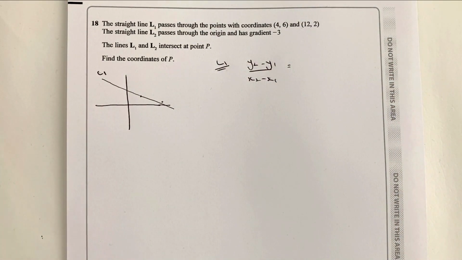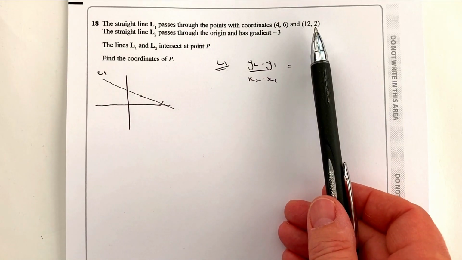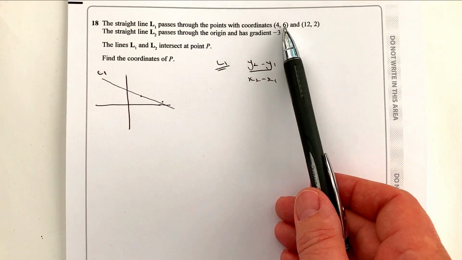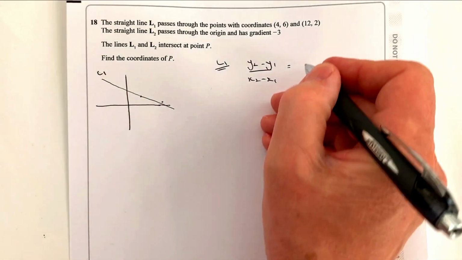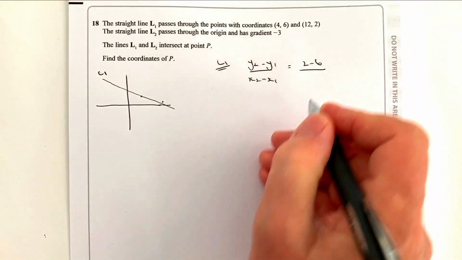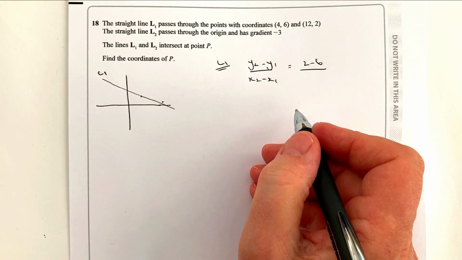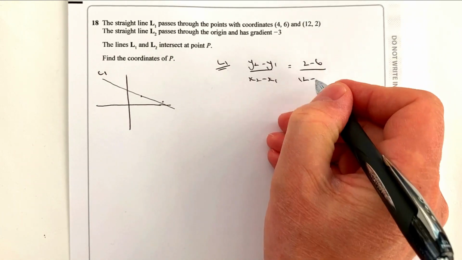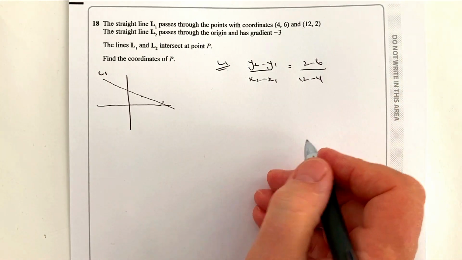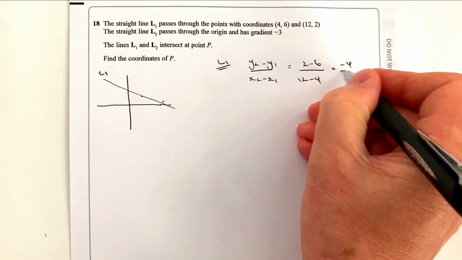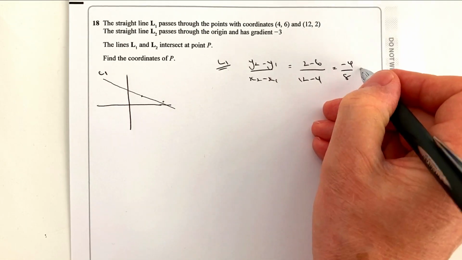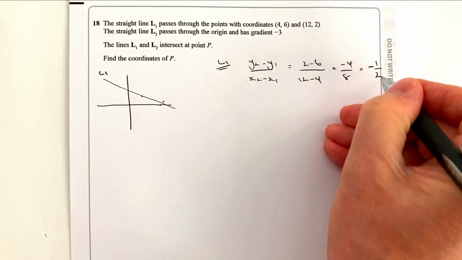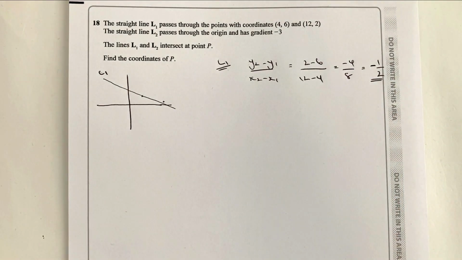My y2 is going to be 2 and my y1 is going to be 6. So I've got 2 minus 6 all divided by x2, which is 12, minus 4. That's going to give me minus 4 over 8. So the gradient of line L1 is going to be minus a half.